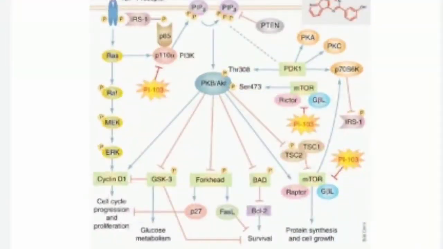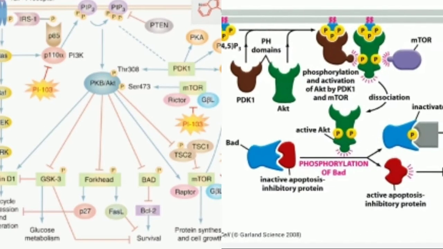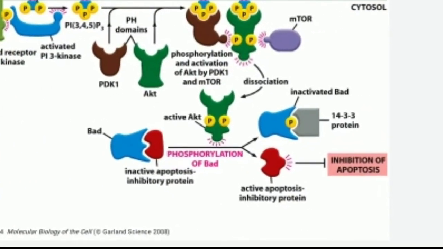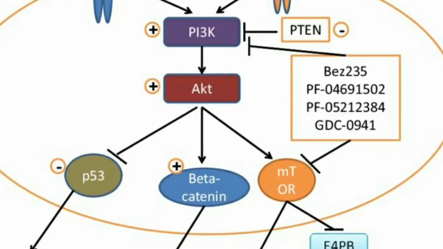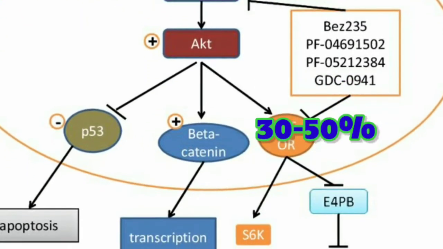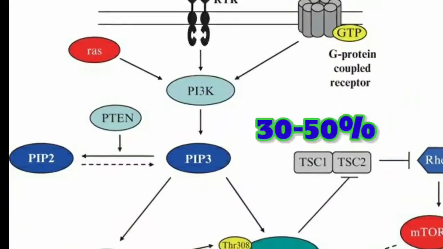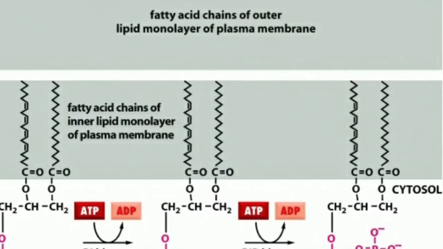Thus, many diseases arise as a result of dysregulation or mutation of the PI3 kinase mTOR pathway, such as chronic allergy and inflammation, cardiovascular diseases, and cancer. About 30 to 50% of human tumors are likely due to the activated PI3 mTOR pathway.